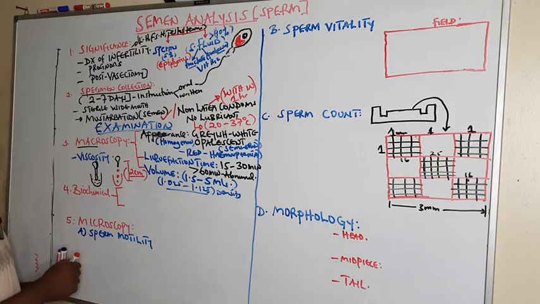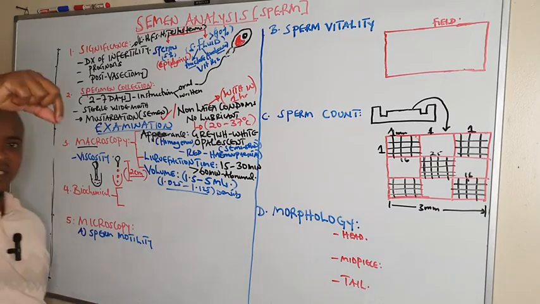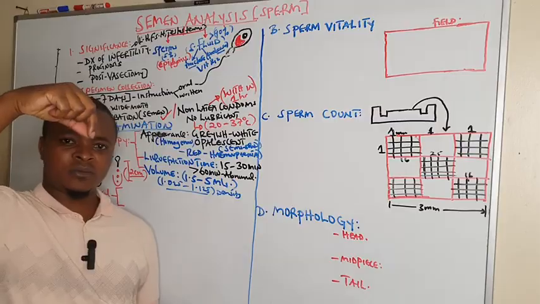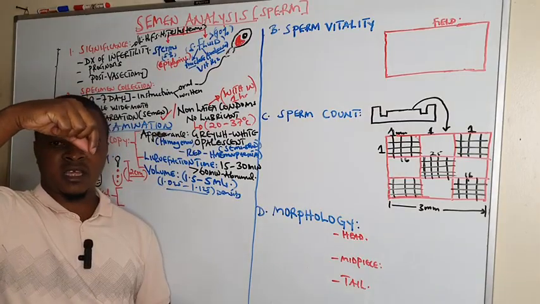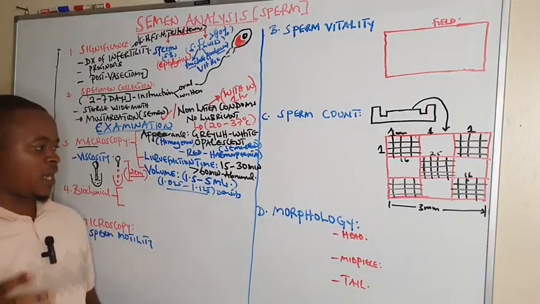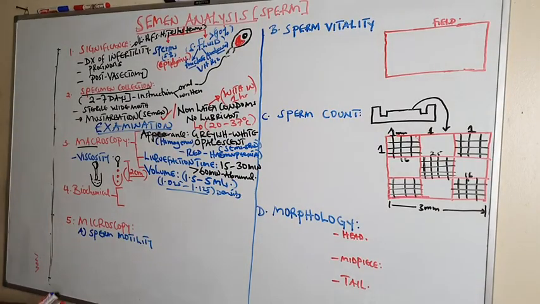So hyperviscosity is seen when I'm dispensing the semen from the pipette and it makes a thread greater than 2 centimeters. That one is hyperviscous. So those are the ones we can talk about under macroscopy.